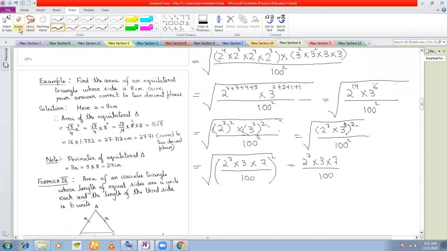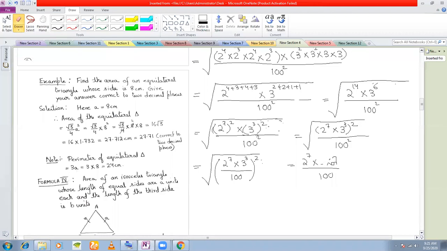So this simply becomes 2 to the power of 7 into 3 cube divided by 100 whole square.